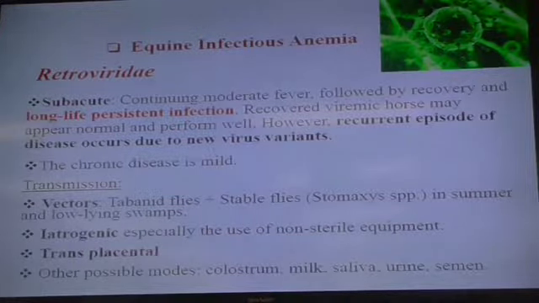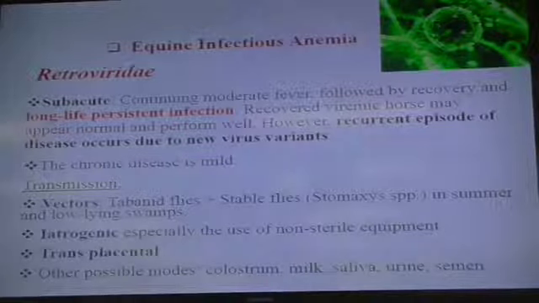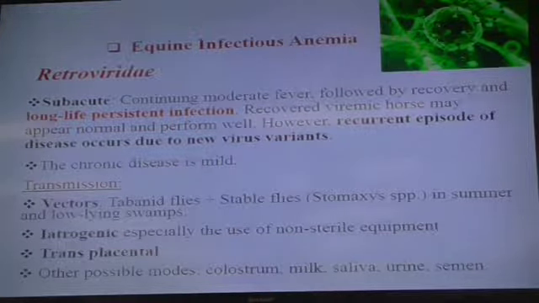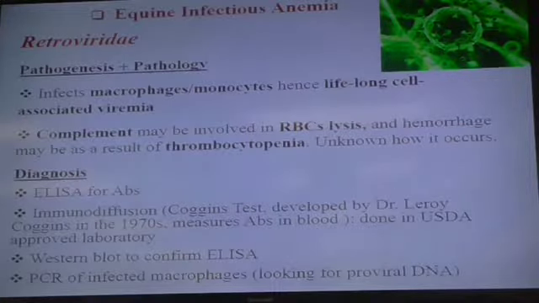Now, in relation to transmission, I mentioned the tabanid flies and the stable flies. It can be transmitted through handling of non-sterile equipment, and other possible modes: transplacental, colostrum, milk, saliva, urine, and semen. So when it comes to diagnosis, again, we're looking here for two things.